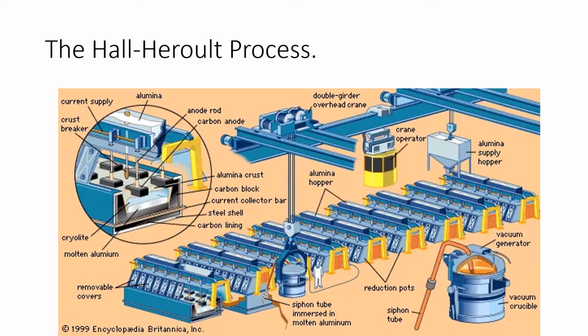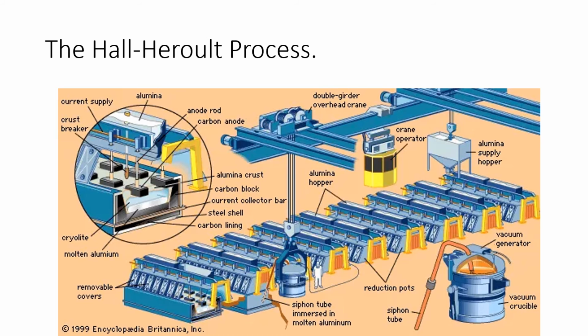The smelting process is a continuous one, with more alumina being added to the cryolite solution to replace the decomposed compound. A consistent electric current is maintained. Heat generated by the flow of electricity keeps the contents of the pot in a liquid state, but a crust tends to form atop the molten electrolyte.